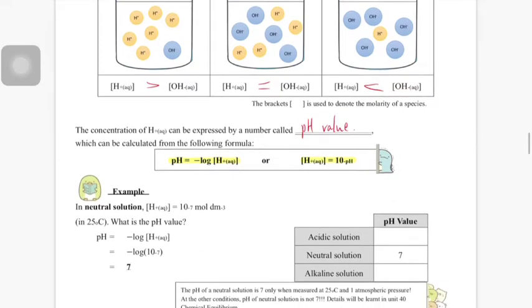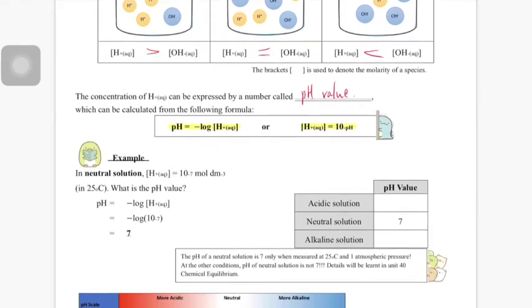So let's take a look at how we apply those two equations. Here, we commonly refer neutral solution that got pH 7. So how do we find out this magic number 7? That's because we measured the concentration of hydrogen ion at room temperature 25 degree and also 1 atmospheric pressure.